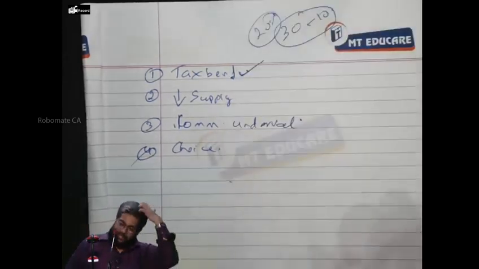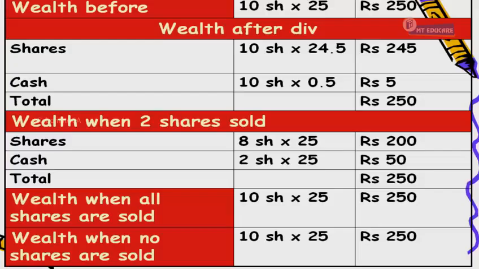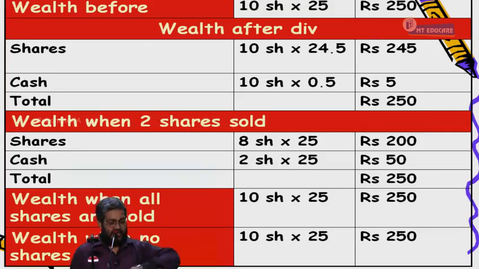When company has surplus cash, it should not retain it, but should distribute it back to shareholders.